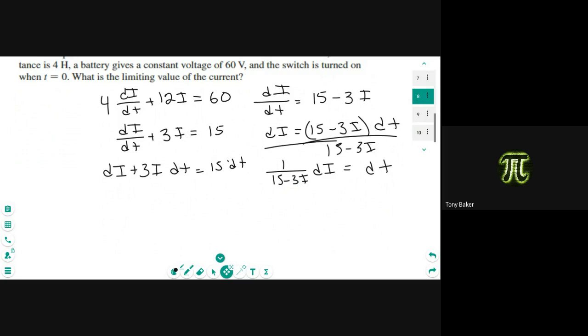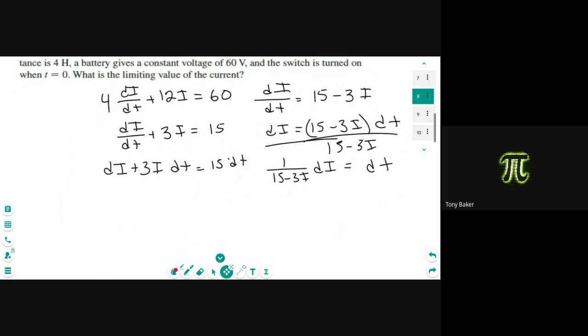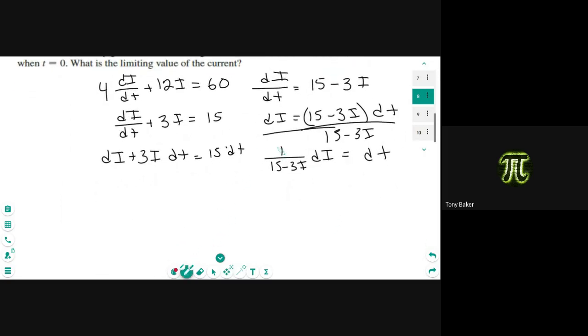All right, so now what I got to do? I do my integral of both sides. Is the integral of dt just t? Yes.